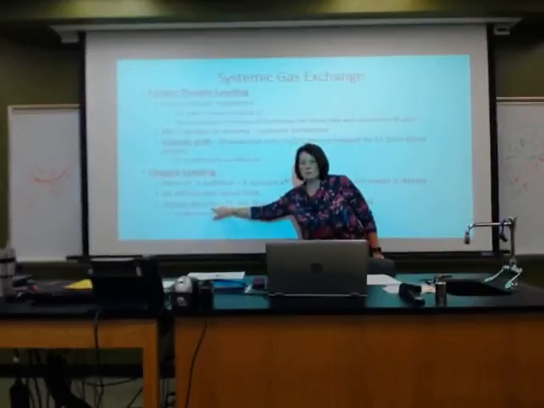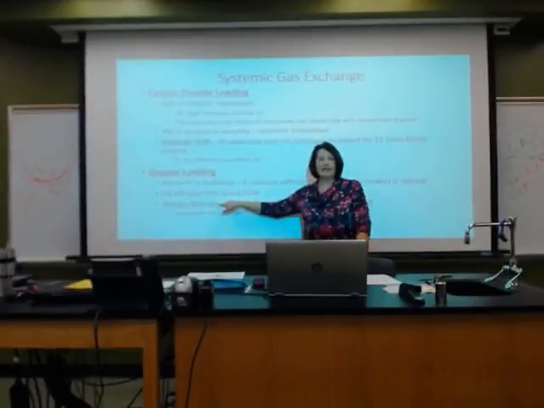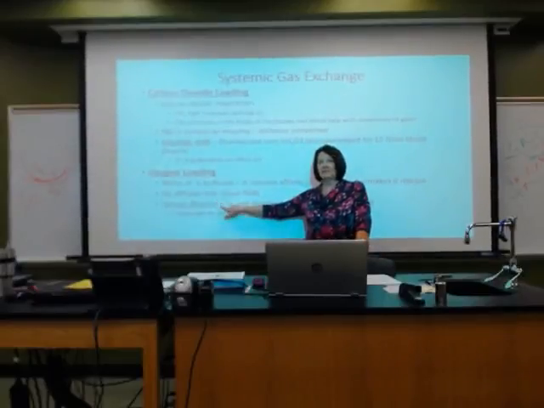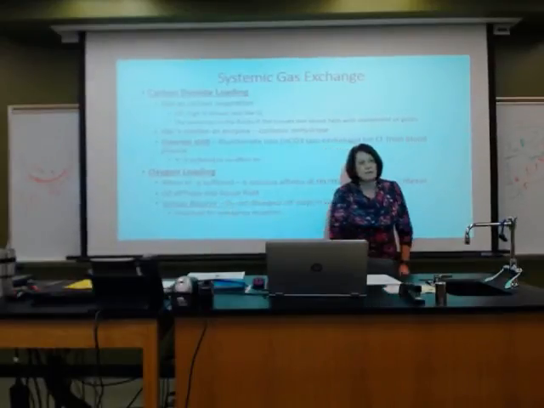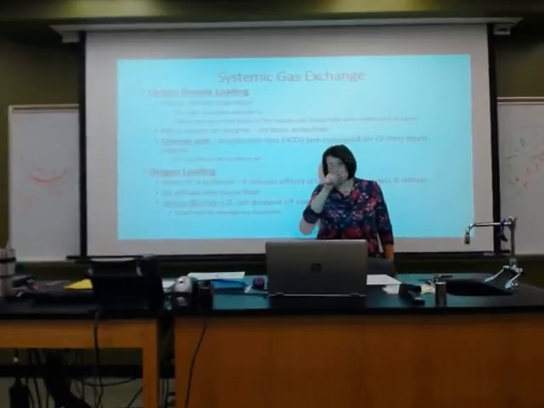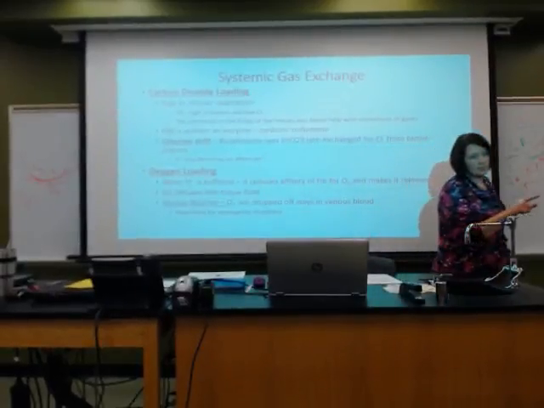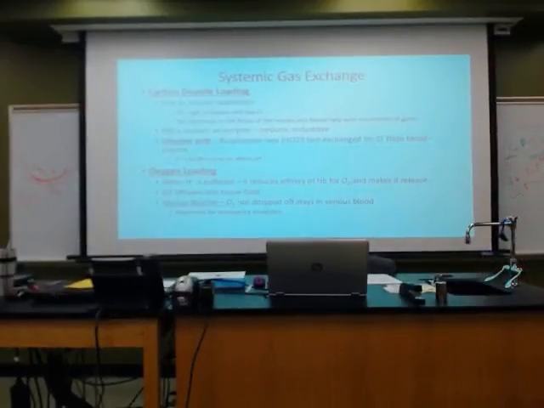This is important because they act as a reserve. Just because the red blood cell is in the veins does not mean that it has lost all of its oxygens.